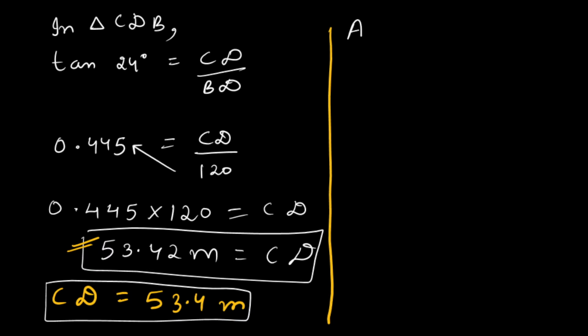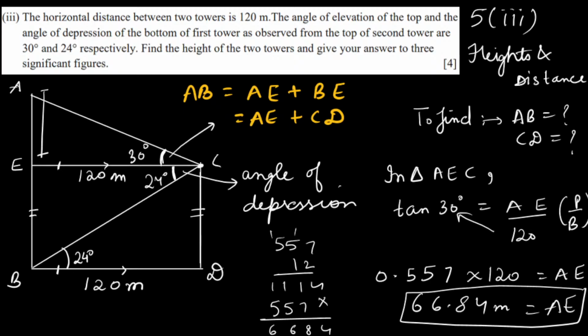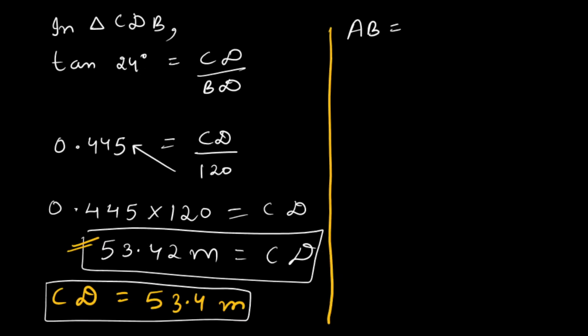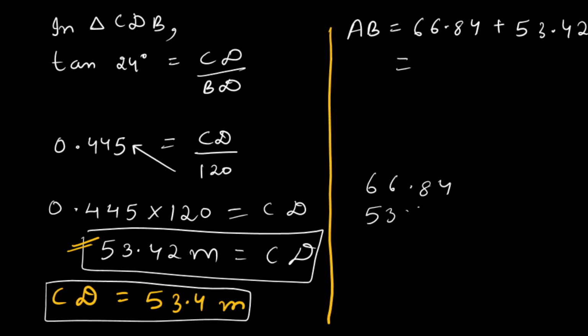Let us find the length of AB also. So AB is equal to AE, which is 66.84, plus 53.42. Add both of them. 4 plus 2, 6. 8 plus 4, 12.